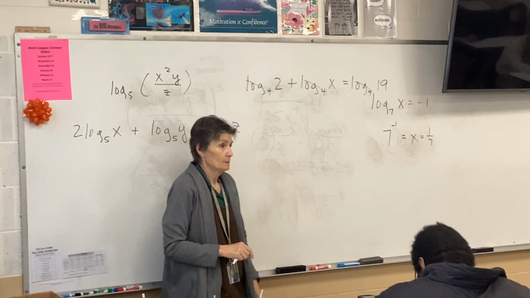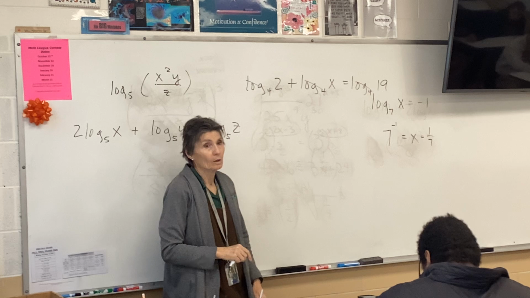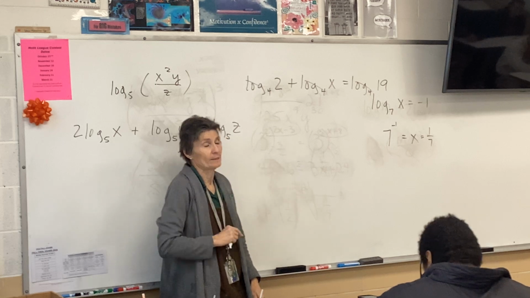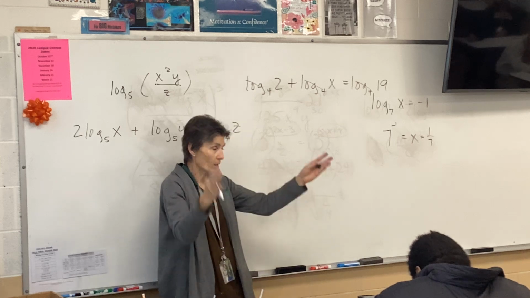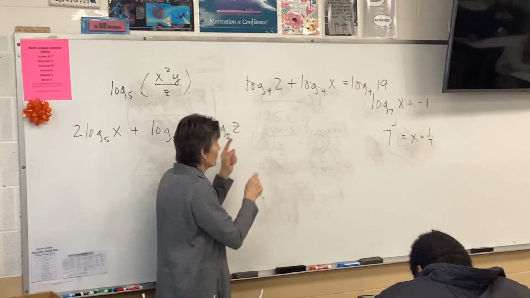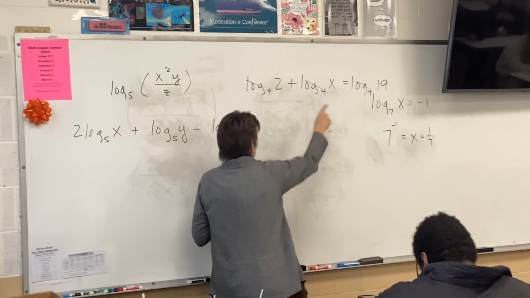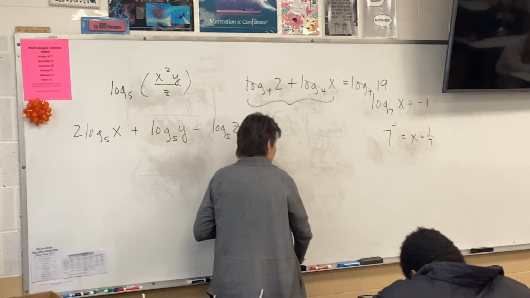Don't. What's our rule? We can drop out the logarithms, but when? Log equals log. All right, so that side's okay. This side is not. Those have to be combined.